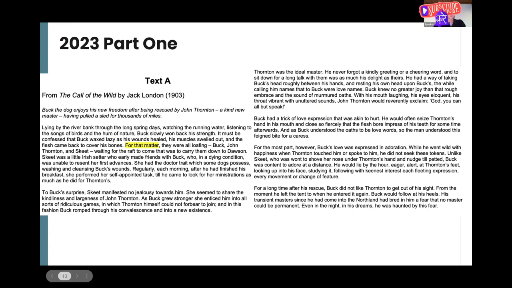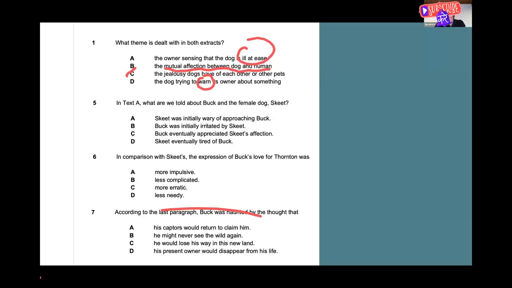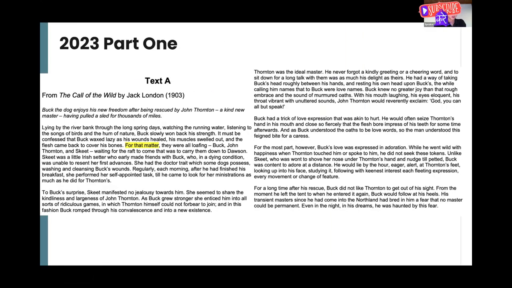So we're scanning through this and we're looking for ill at ease, the mutual affection between dog and human, and warning. So let's have a look through this first one. We see that our introduction shows the strong relationship between them.